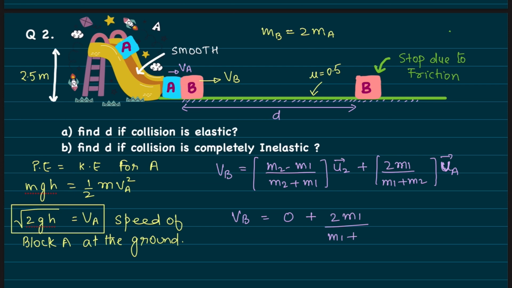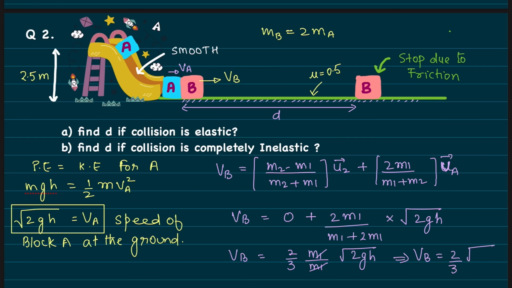And what is the value of m2? You can see here m2 is equal to 2 times ma. So m2 is 2 m1, and ua we just calculated, square root of 2gh. So velocity of B is equal to 2 by 3 times m1 divided by m1, square root of 2gh. m1 cancels. So Vb is equal to 2 by 3 square root of 2gh.